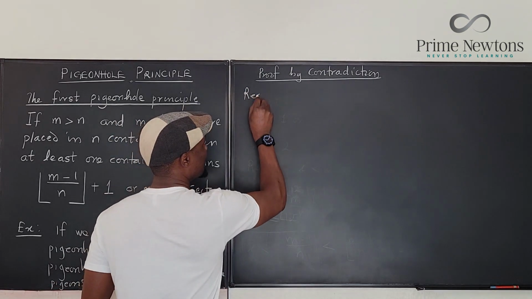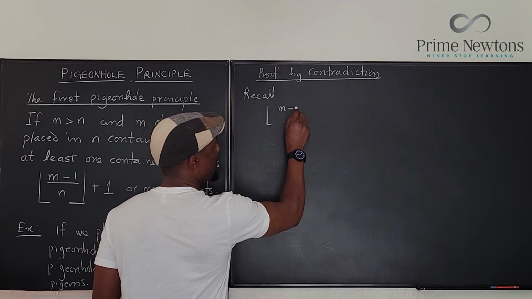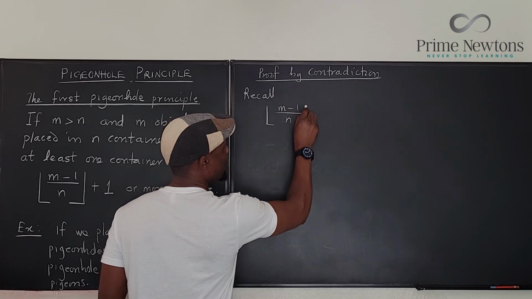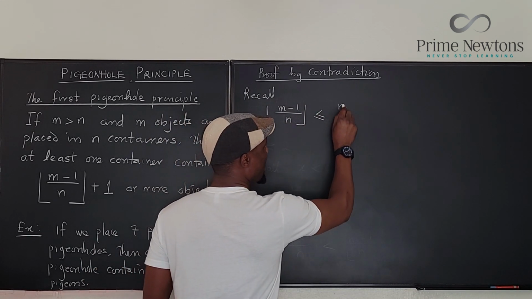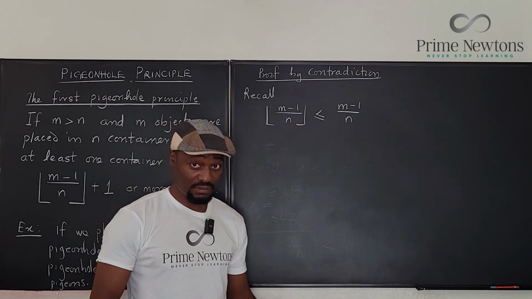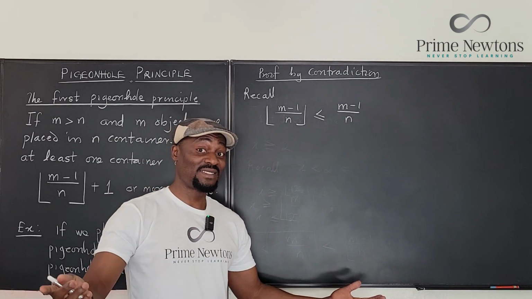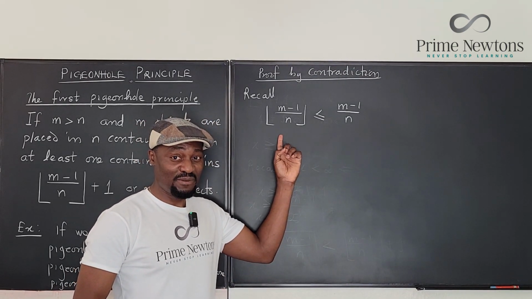Recall that the floor of (m minus 1) over n is less than or equal to (m minus 1) over n. So, right? That's actually the definition. This is what I would call my k in the first place.